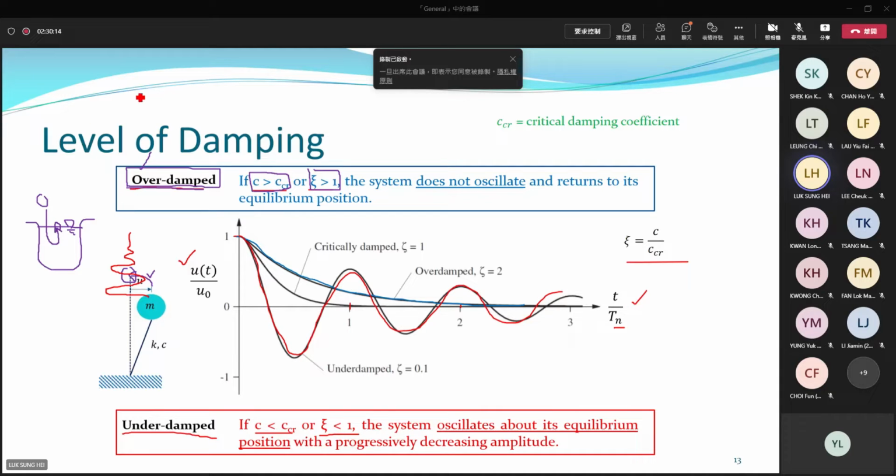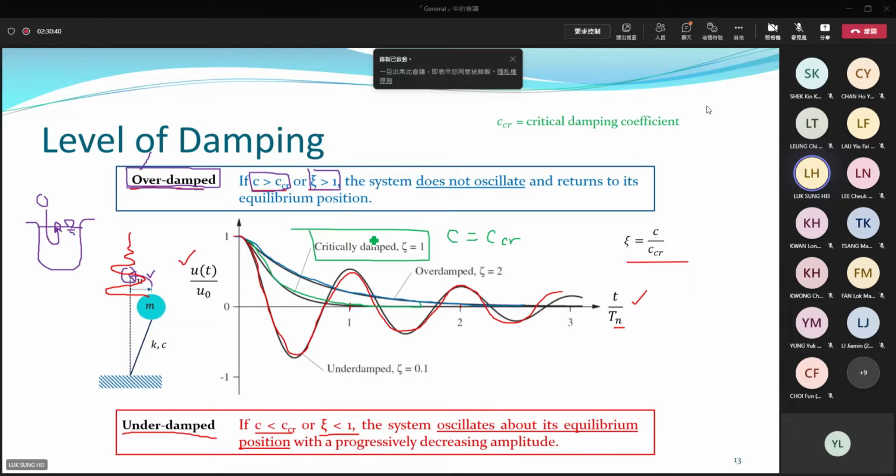Then what is critical? Critical means this very ideal line in which damping ratio equals 1. The boundary, C equal to C critical. The system is lying somewhere between oscillation and no oscillation, a very ideal scenario.